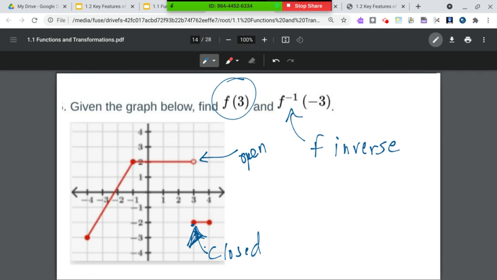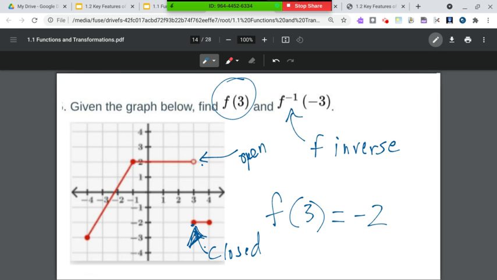So f of 3 would be negative 2. So you go to the x value, which is 3. It's open at 2, but it's closed at negative 2, so you have to take the closed value.